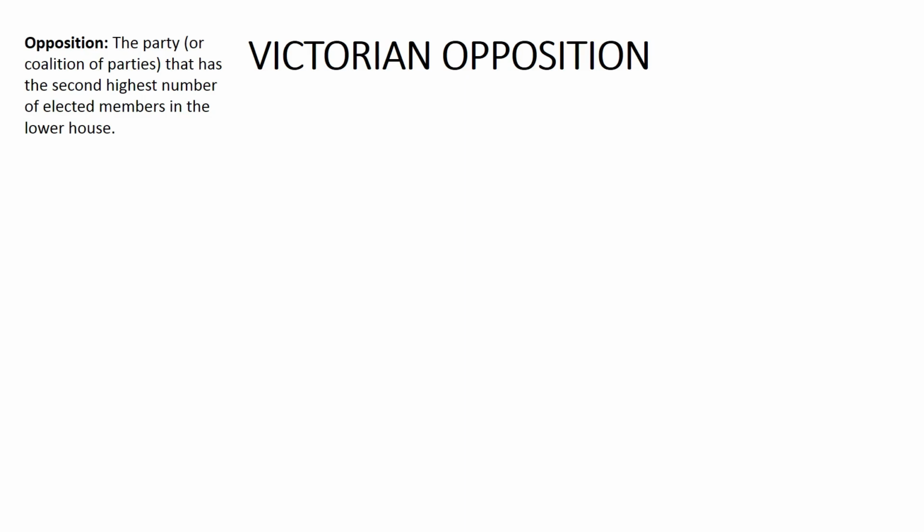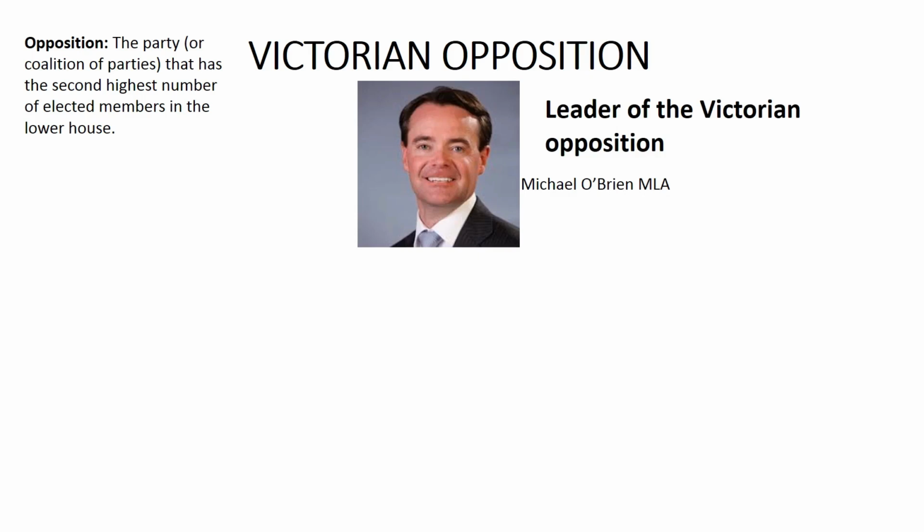And therefore we say the Liberal National Party coalition is the Victorian opposition. The opposition leader is the leader of the opposition. In the case of Victoria, the leader of the Victorian opposition is Michael O'Brien, because he's the leader of the Liberal National Party coalition.